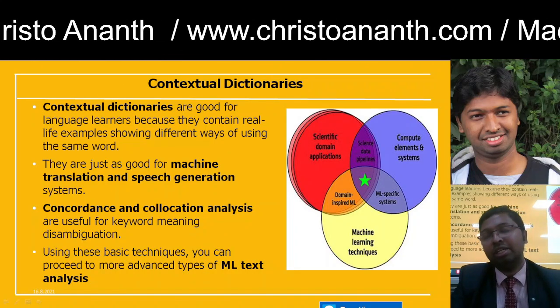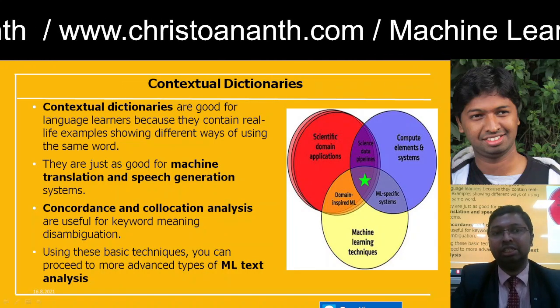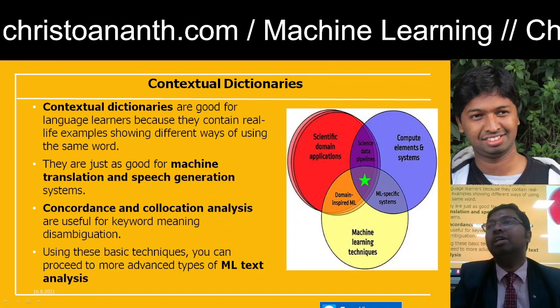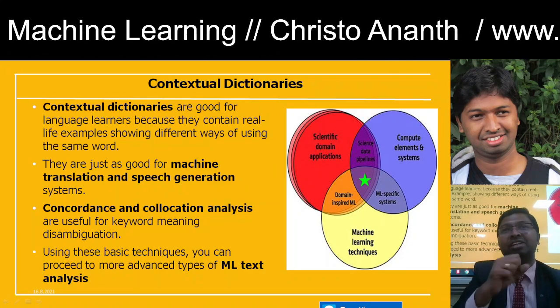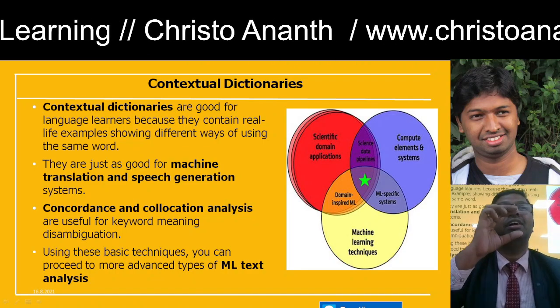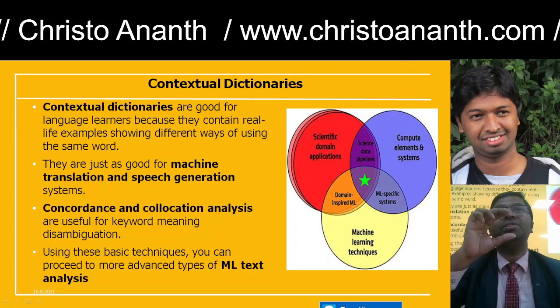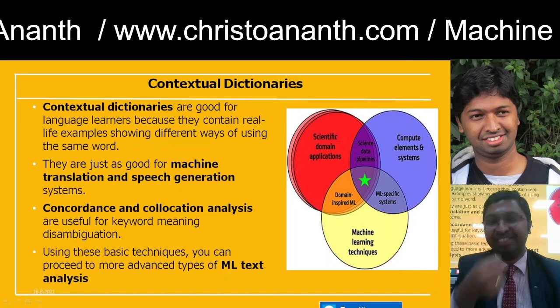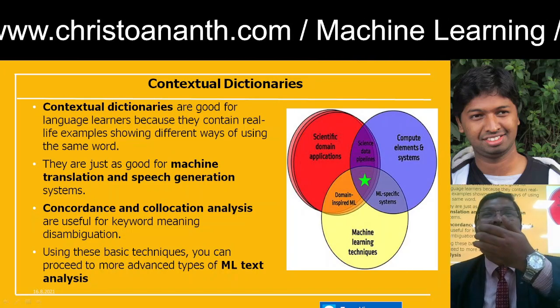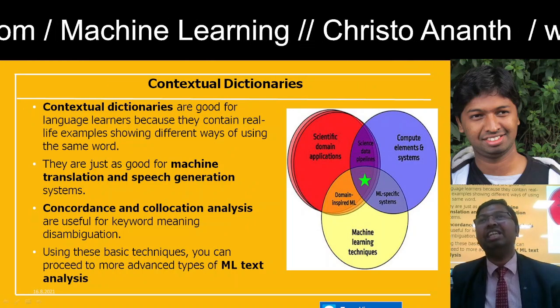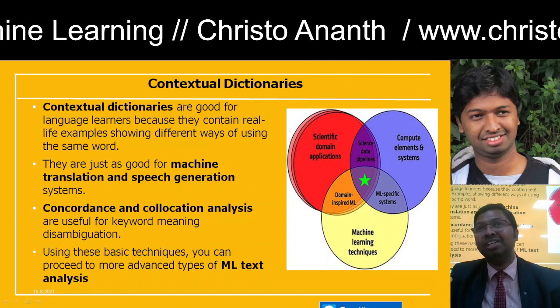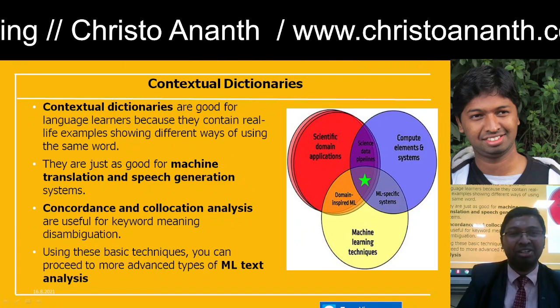Just like machine translation and maybe speech generation. For example, in YouTube, you speak into the mic, "How to study machine learning?" You take your mobile and do like this, and immediately it will type accordingly. That is sentiment analysis through machine learning algorithms.